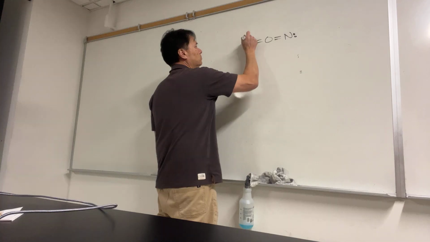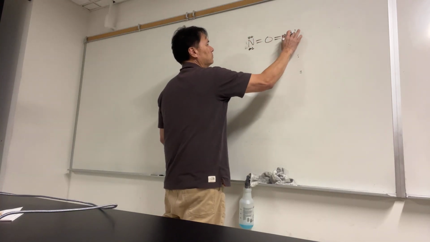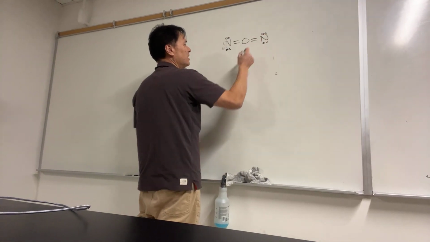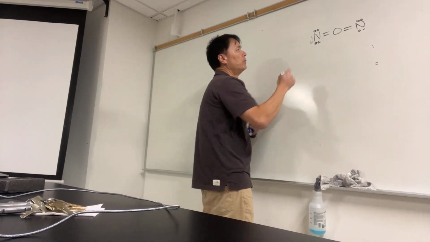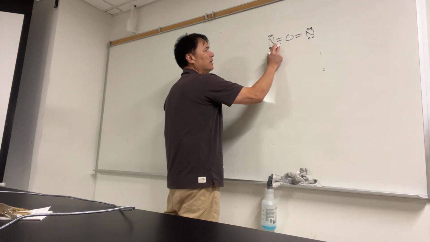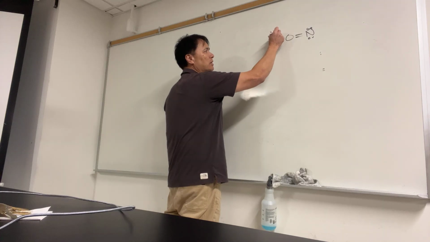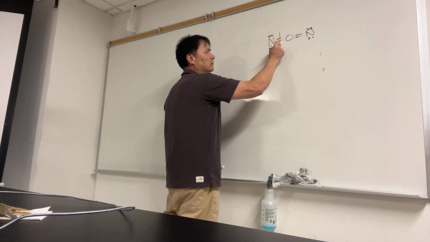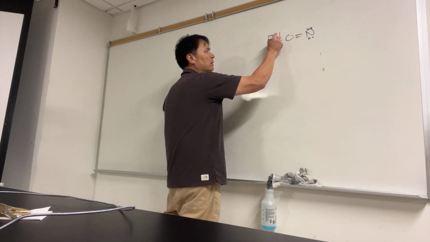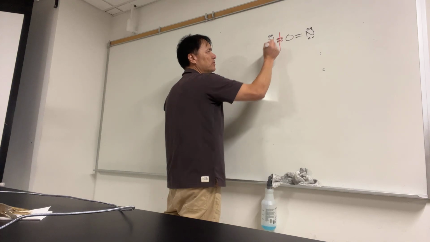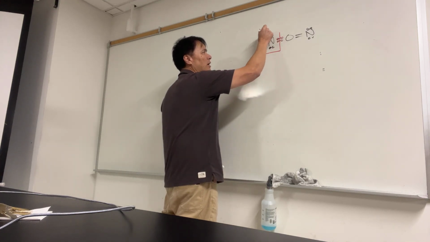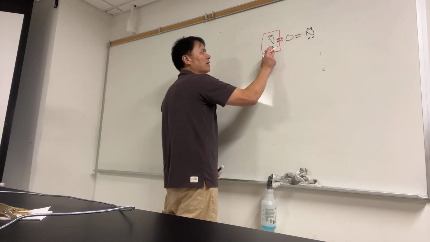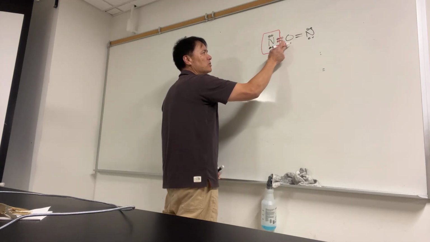What we do is we split the bonding electrons in half. Because formal charge assumes that we have 50-50 sharing. Even though oxygen is more electronegative, it's not going to get extra electron cloud. Half of the electron cloud is going to go to nitrogen, the other half is going to go to oxygen.